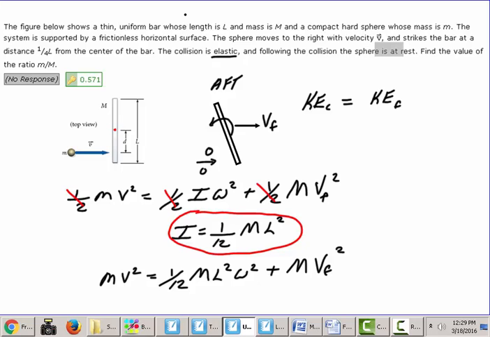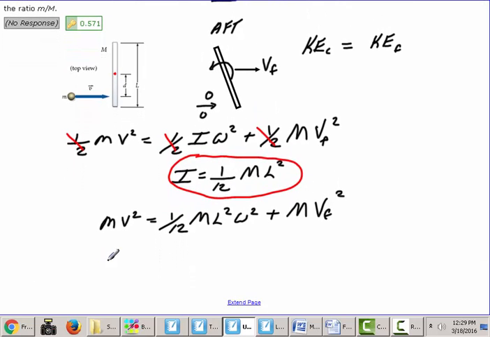Alright, other things we know. Since elastic, we know that the linear momentum must be the same. PI must equal PF. So our initial linear momentum is going to be little m times V, and that must be equal to big M times VF. I will solve for VF.